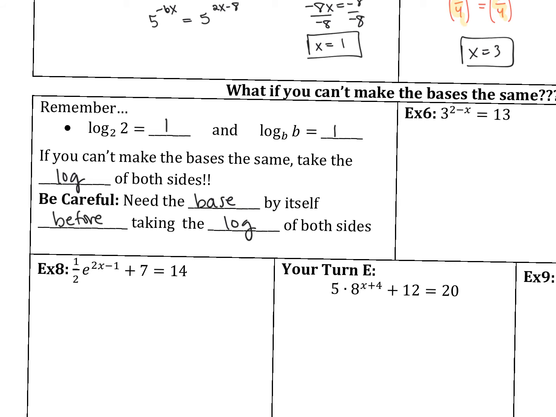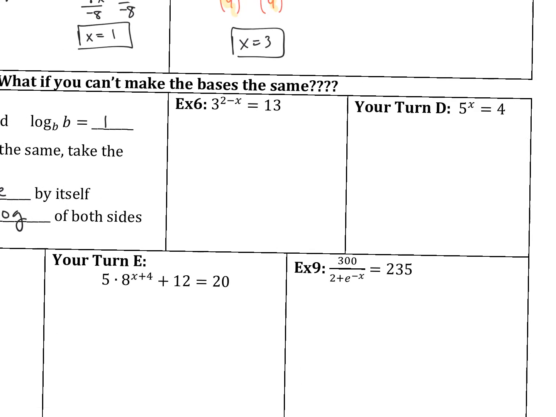All right? Let's check. Okay, over here, there's no way I'm going to get 3 and 13 to be the same base. So what am I going to do? I'm going to take log base 3 of both sides.